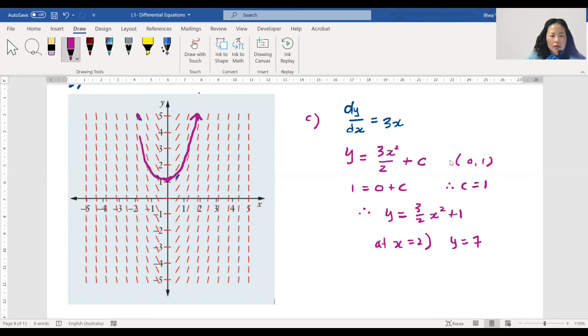Aiming for going here. Sometimes they find the intersection point by graphing, but in the exam, you probably do it algebraically, find the intersection point, and then sketch around it. You know what I mean?